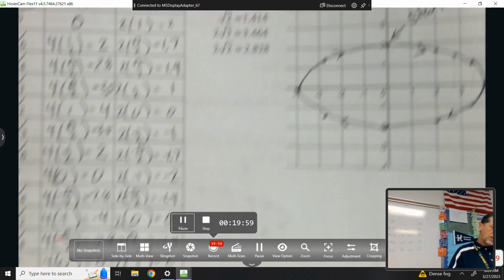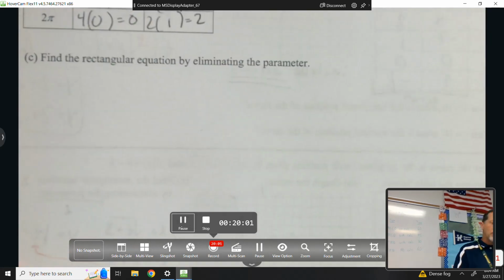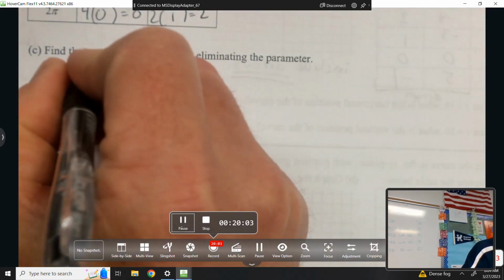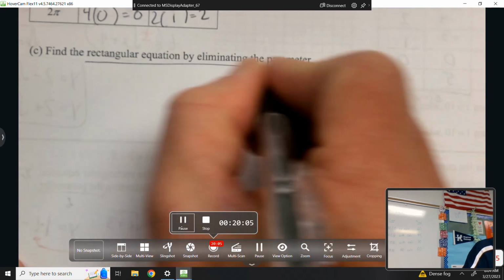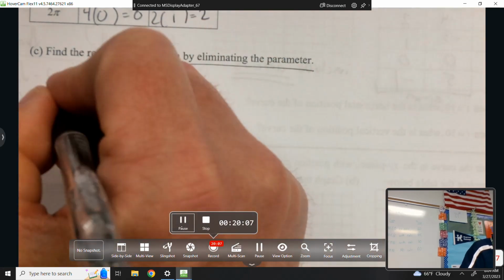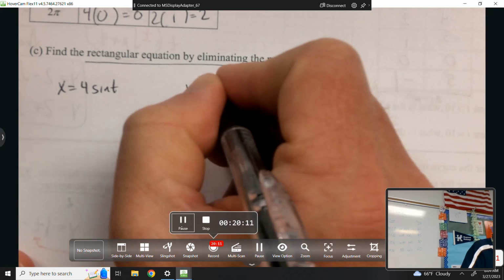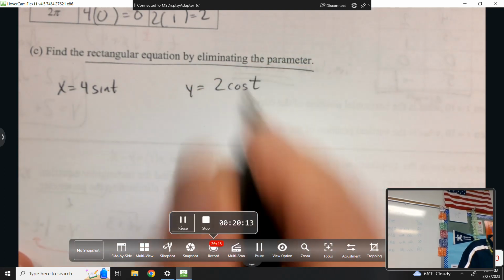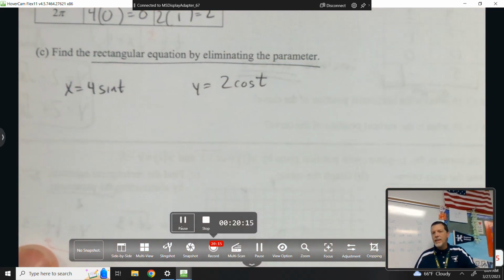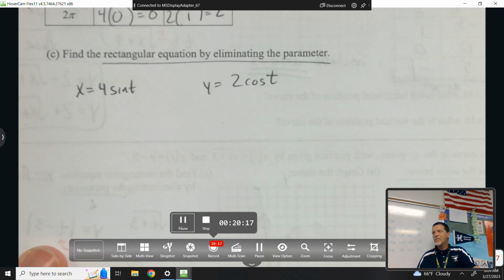All right, last one. This one's a little bit different here. Find the rectangular equation by eliminating the parameter. Alright, x equals 4 sine t, y equals 2 cosine t. I don't really want to solve this for t, because then I would have the inverse sine of x over 4.